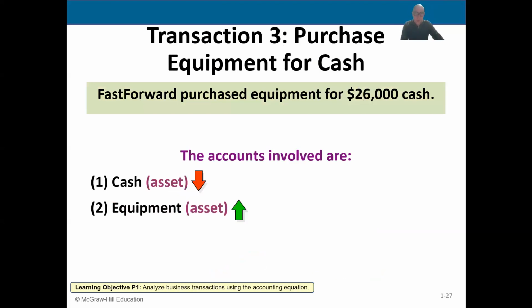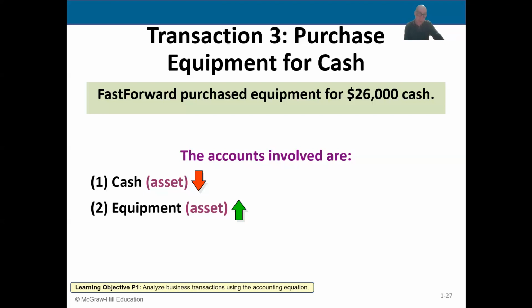Third transaction, the company needs to purchase equipment for $26,000. Okay, great, no problem. So we got enough cash on hand to do this. So we debit equipment, which is an asset account, and we credit cash.